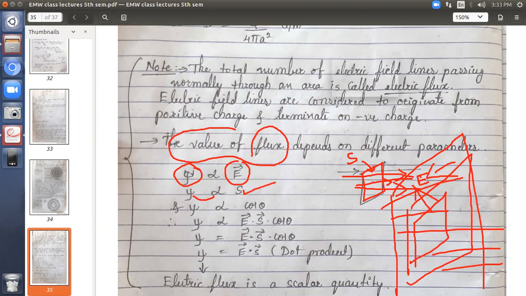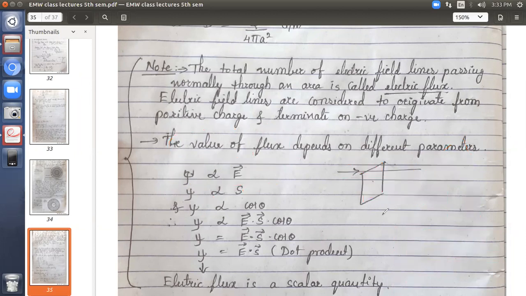And one more thing. Suppose this is your sheet, here only I'll show you. If this is your sheet and these are the lines, if you observe, the area and the lines are perpendicular to each other. Under this situation we will get the maximum flux. This is one condition.